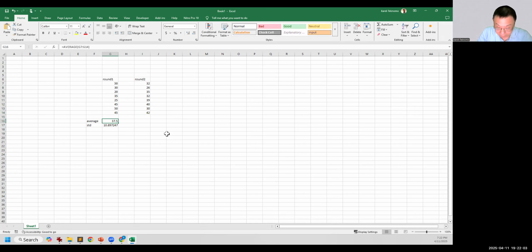Let's copy this. Based on the second round, we have an average of 34.5. Can you see the standard deviation reduced? More reliable. Do you want to go to the third round?